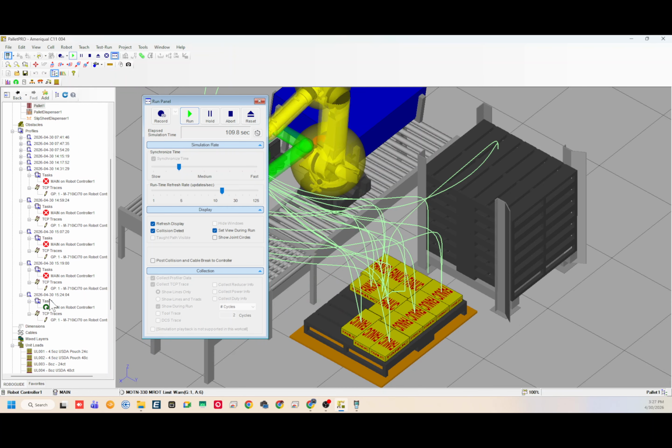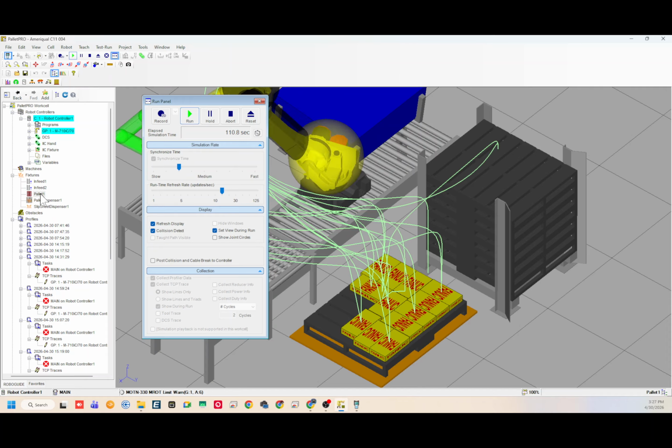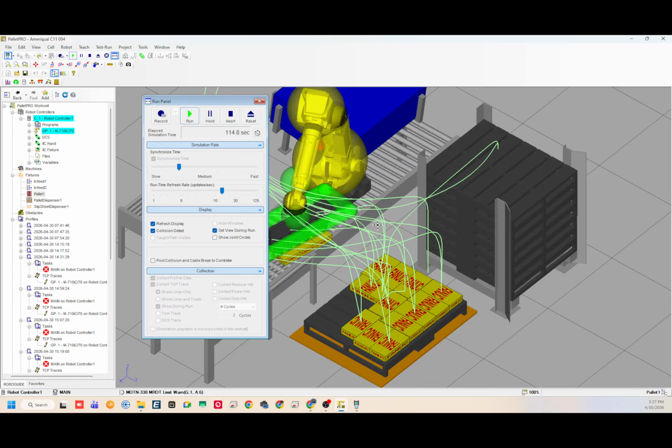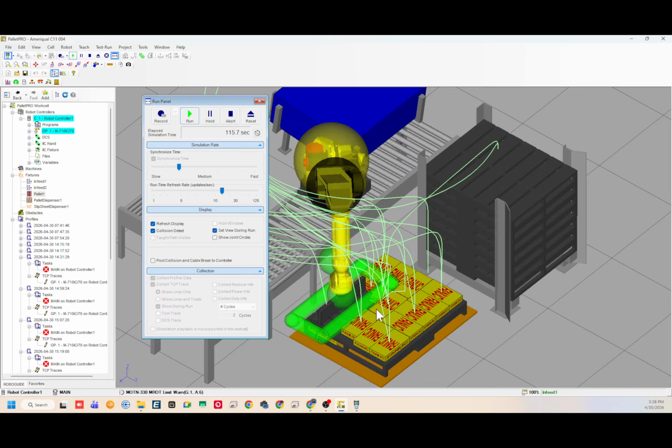Like this unit load that's here, this pallet, the infeed, the pallet dispenser, these things are all tied together in the background.